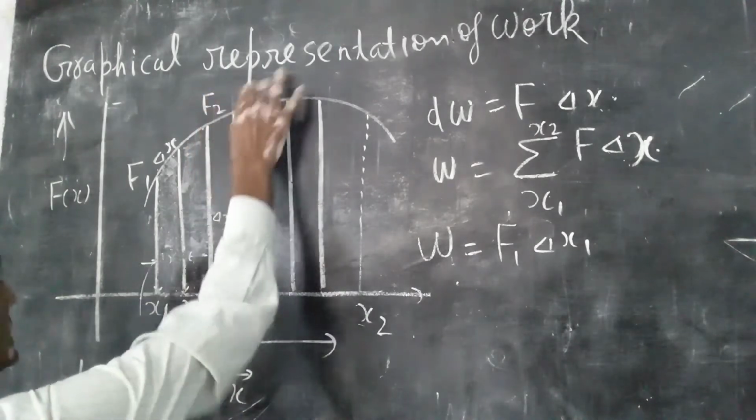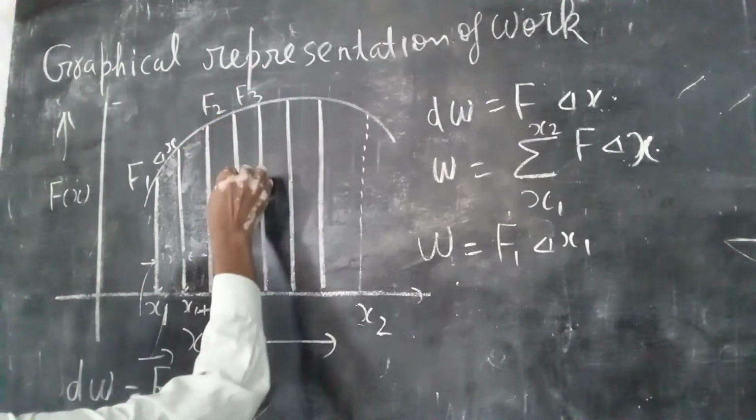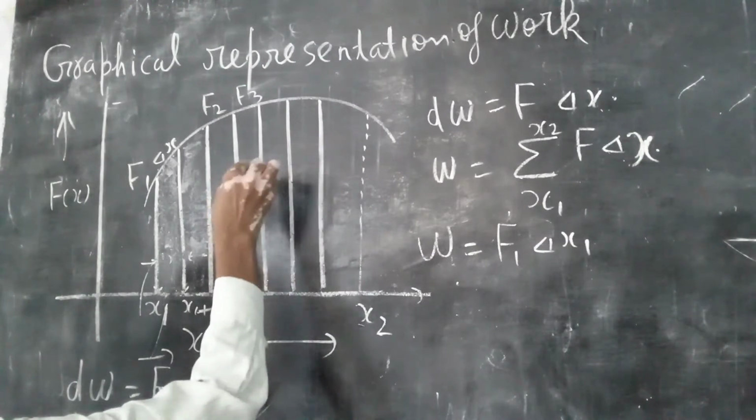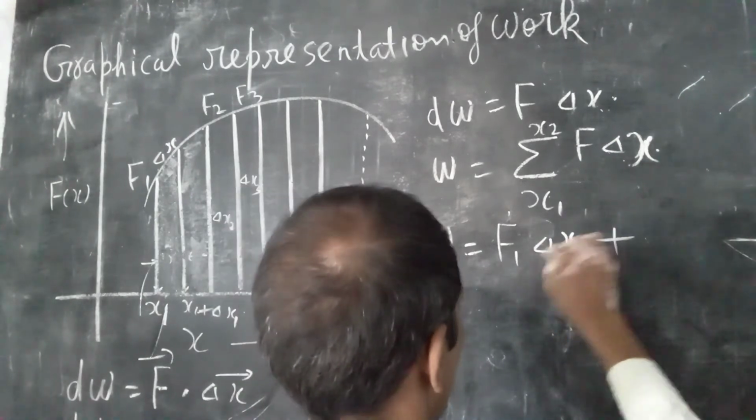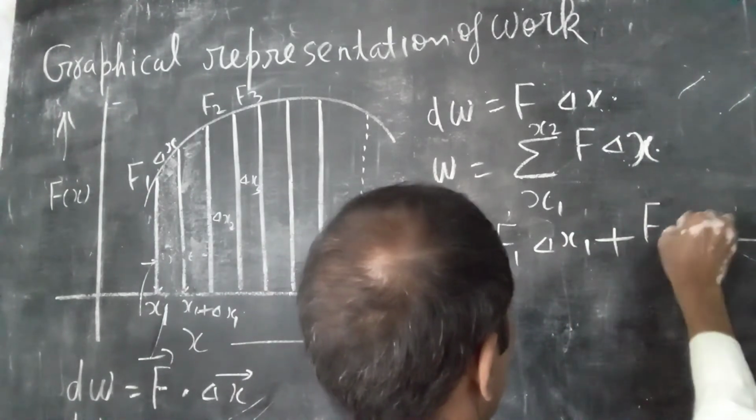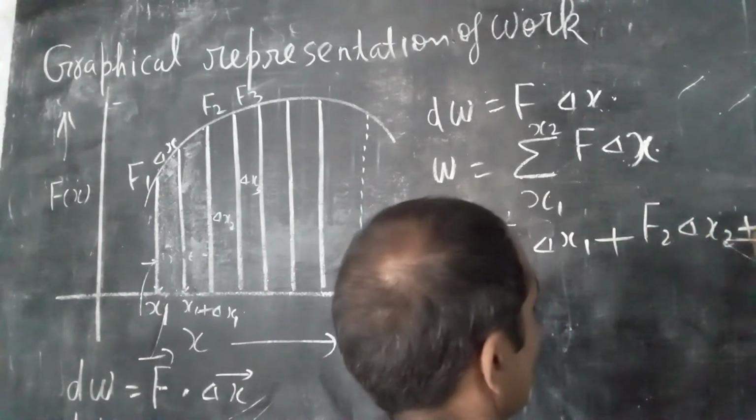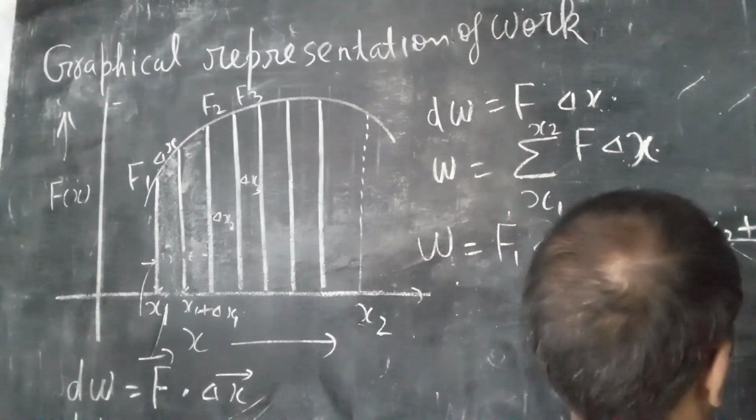And the force for this strip is F3, and the width is delta x3, and so on. ठीक है. Then this summation is the sum of F1 delta x1, F2 delta x2, F3 delta x3, and so on.